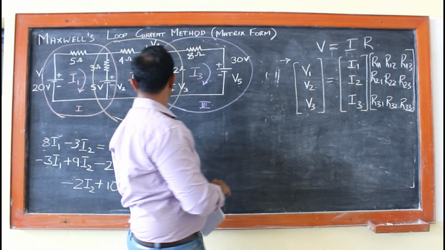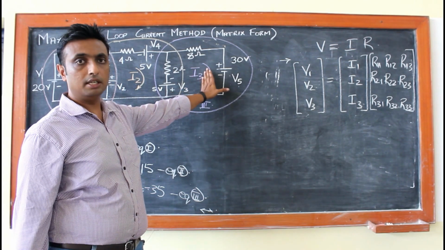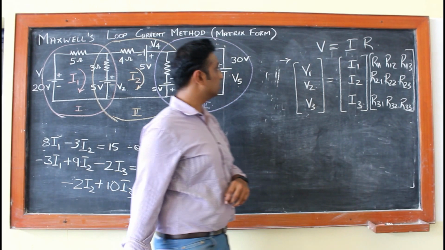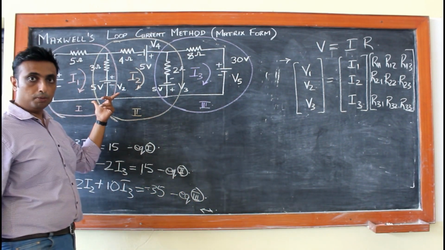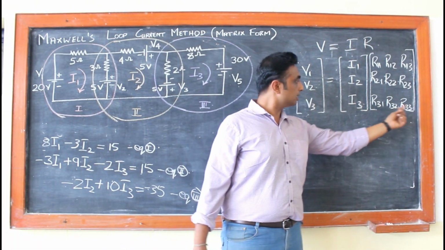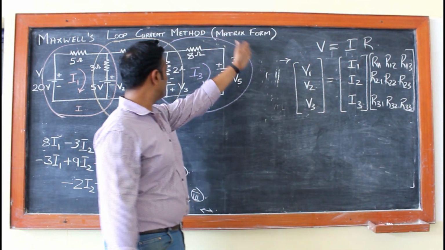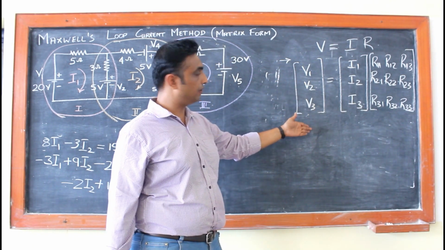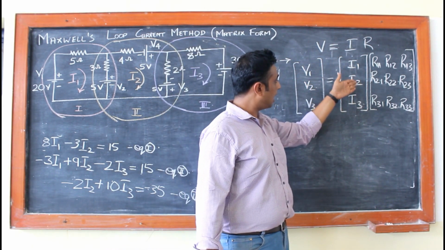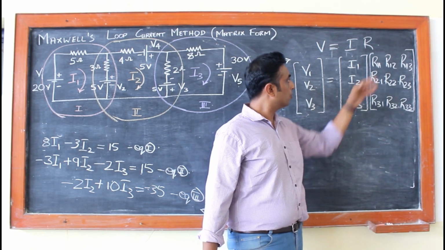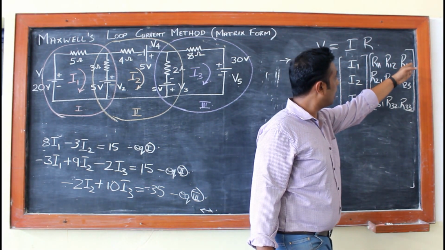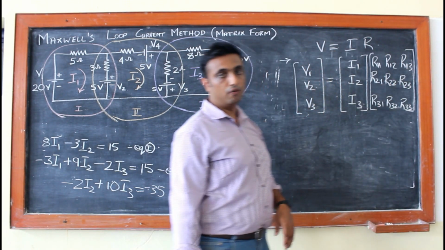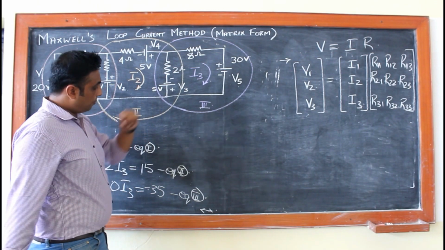Always remember one thing: if you have 3 loops, you will have 3 rows and 3 columns. If you have 2 loops, you will have 2 rows and 2 columns. If there were 4 loops here, then it would be V1, V2, V3, V4, the same way I1, I2, I3, I4, and R11, R12, R13, R14, and so on to R44.